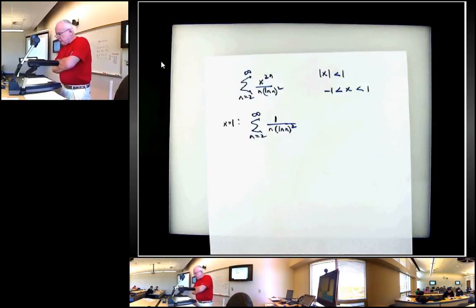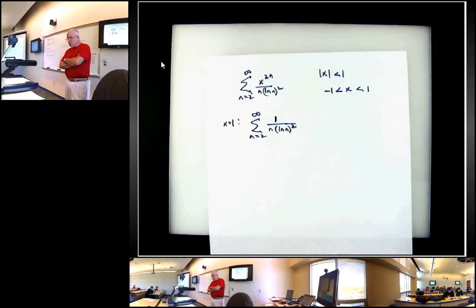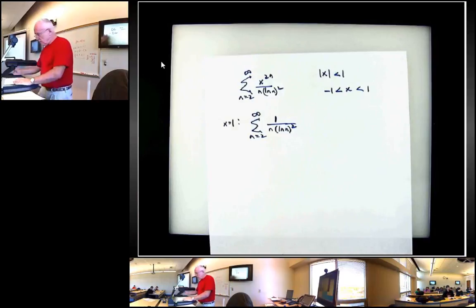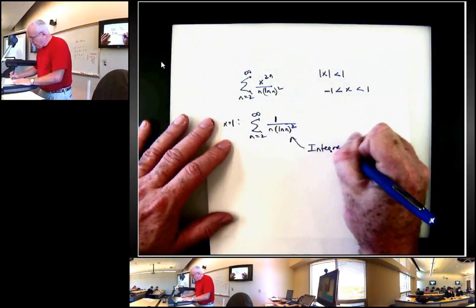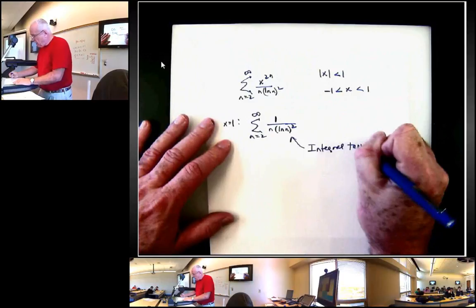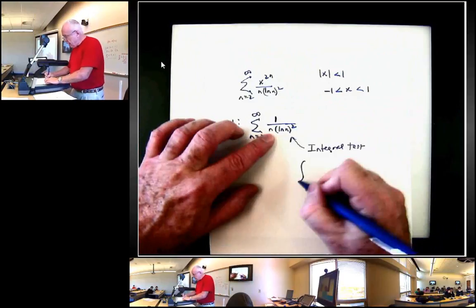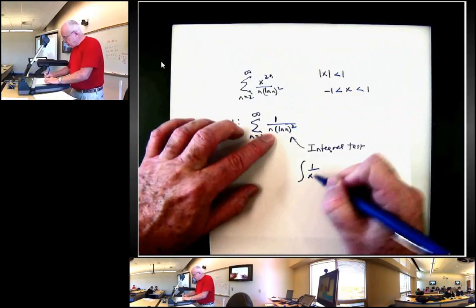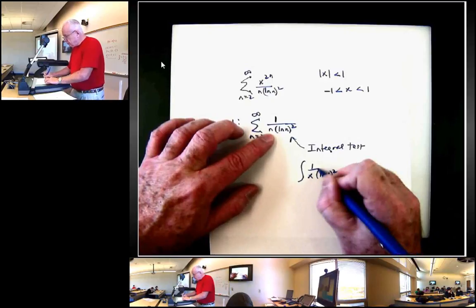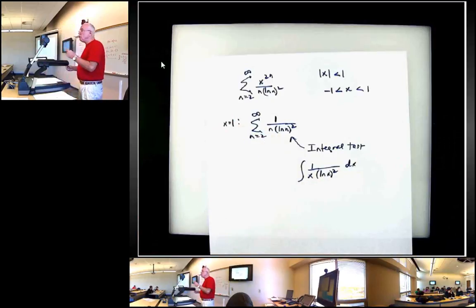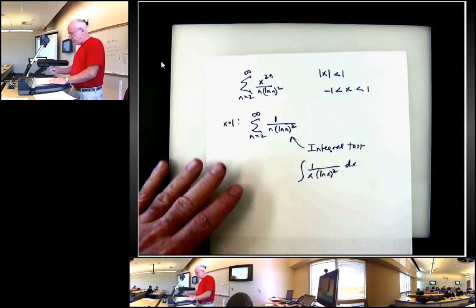One thing that comes to mind that I could use with this is the integral test. That's one test that I could use. I can figure out the antiderivative of 1 over x times the ln of x squared using u equal to the ln of x, using a substitution.